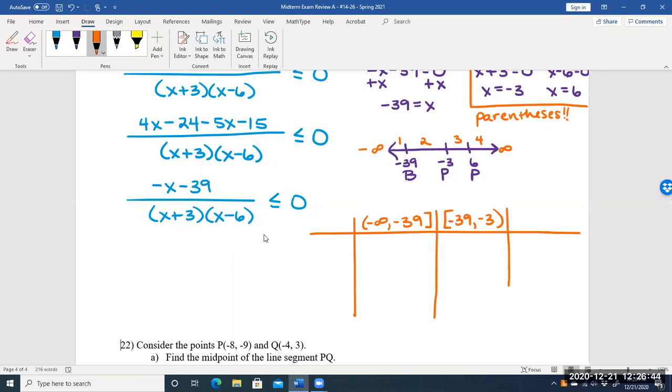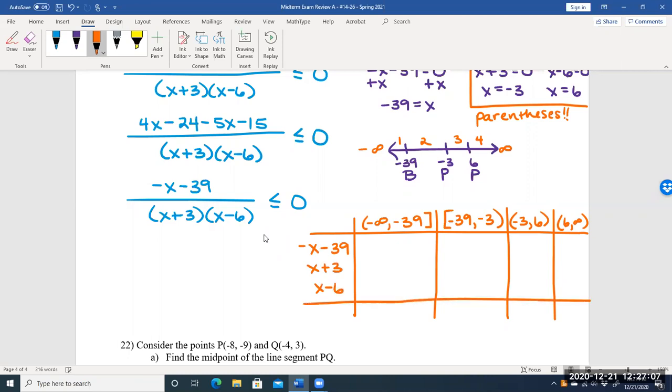I can use a bracket by -39, but -3 needs parentheses. -3 to 6, parentheses, 6 to infinity. And then over here on the left, I'm going to write in my factors. And then the final row will be the resulting sign.